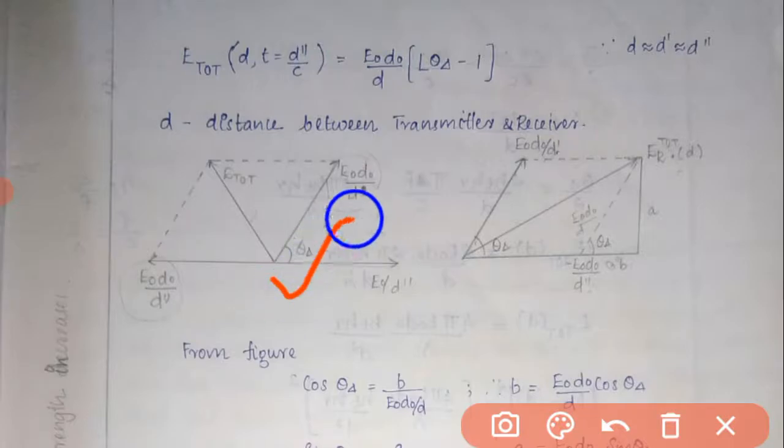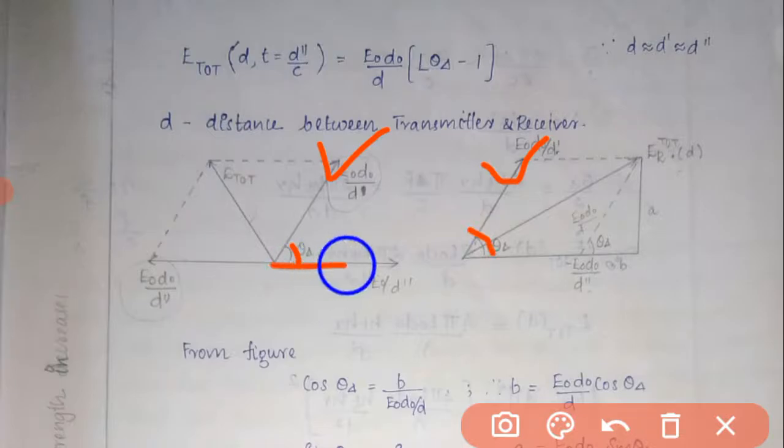From this diagram you have to draw this diagram. So here this distance E naught D naught by D dash, that is this one, this angle, that is this one, and this line. Here we see this is E naught D naught by D double dash.